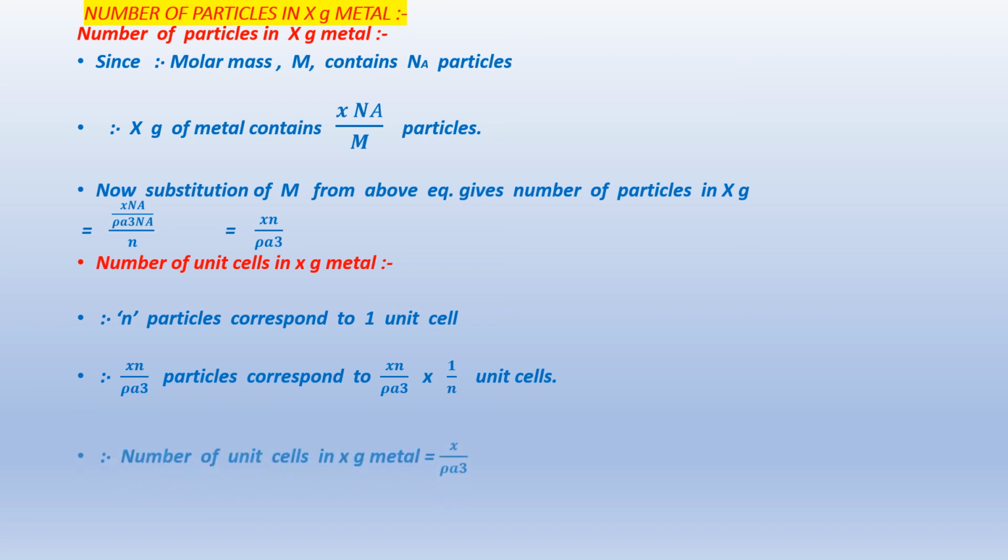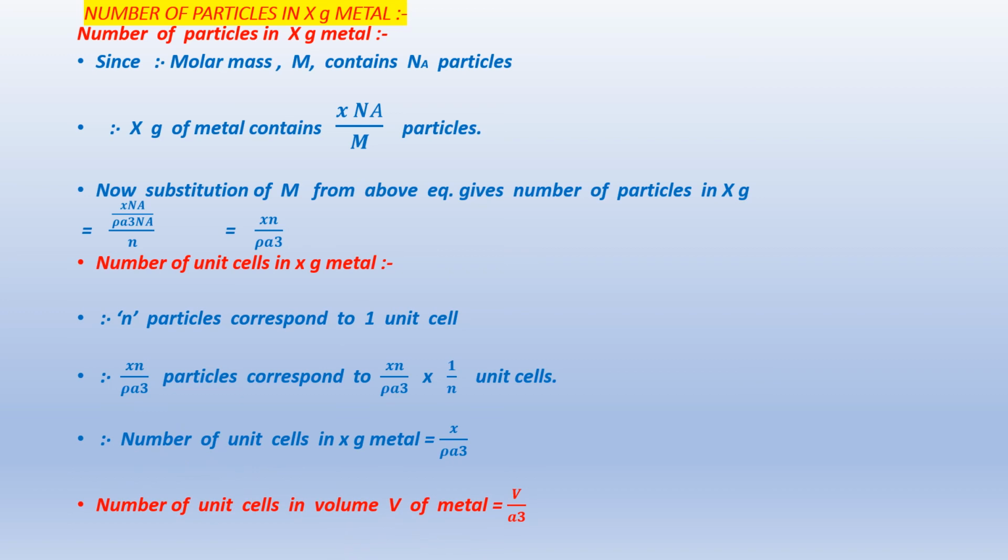Okay? Then the number of unit cells in x gram of metal is equal to x upon rho into a cube. So, the number of unit cells in volume V of metal is equal to V upon a cube.